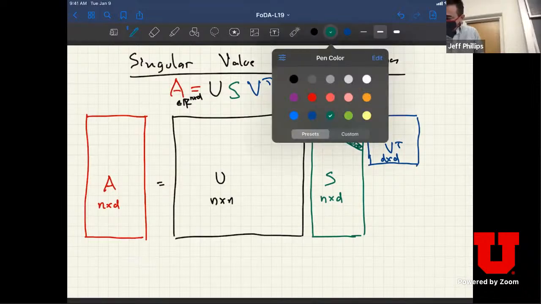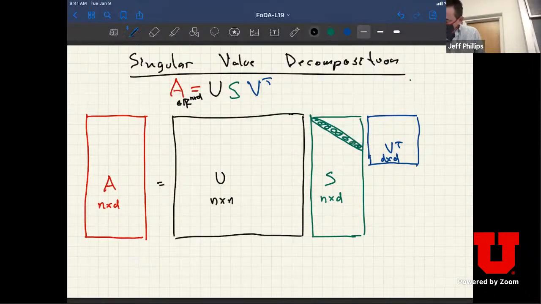Each element here might be entry S, J, J. This is on the diagonal. Everything else here is going to be zeros, including everything below this top d by d block.